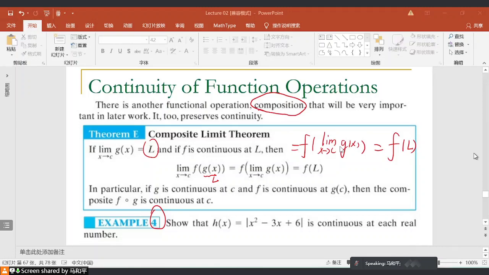Now this is a composition. h(x) is a composition.